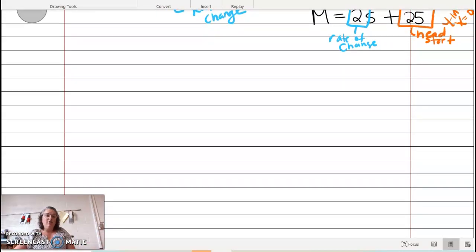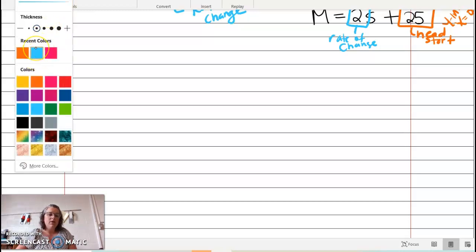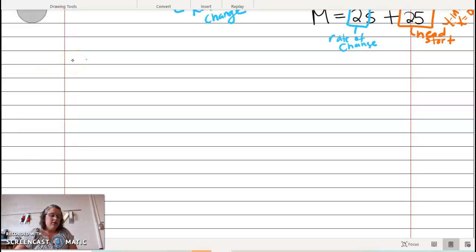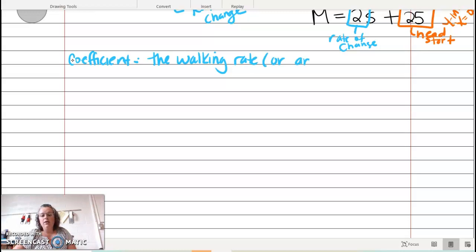So I'm going to have you grab your coefficient color again. All right, so I'm going to pick up coefficient. I'm going to say it's the walking rate, or any rate, in a problem.